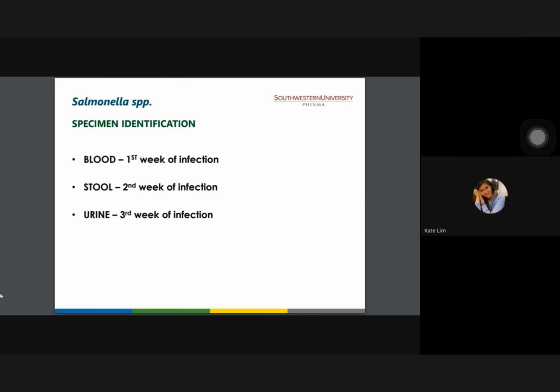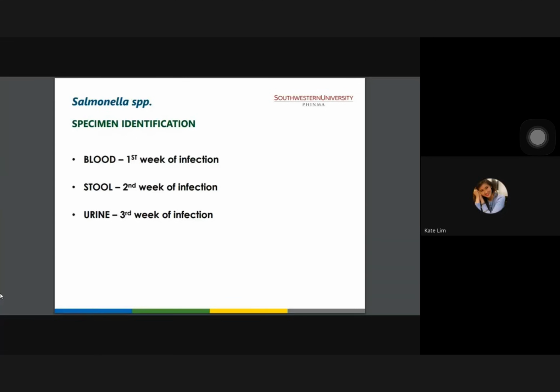And how are we going to detect that one? So the doctors would request a blood culture. Blood cultures are very critical for identifying bacteremia and diagnosing enteric fever or typhoid fever. Okay, so during this period, we can actually detect Salmonella in the bloodstream already.